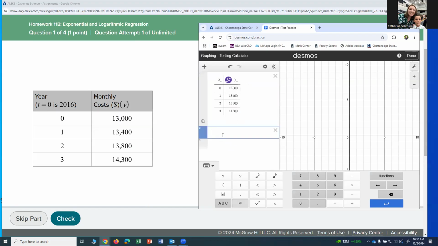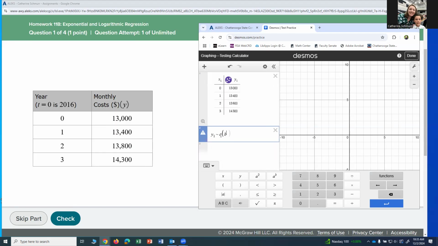And then I'm going to come to the next box down, box 2. I'll type Y1 and then the tilde by doing the shift key and then the key to the left of the number 1. And I will type in A parentheses B and then the exponent by going shift number 6 on the keyboard.